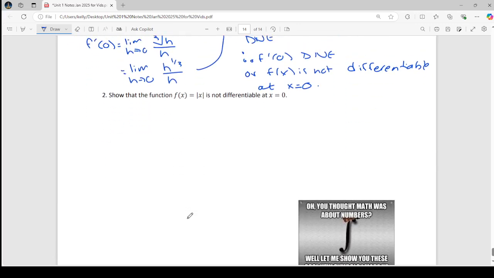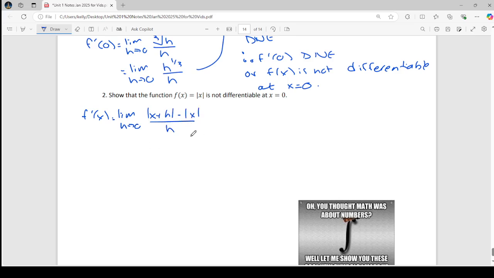Okay, next, we showed that the absolute value function will have a corner. Let's talk about why it's not differentiable at that corner. Find the derivative using first principles: the limit of the absolute value of x plus h minus the absolute value of x over h.